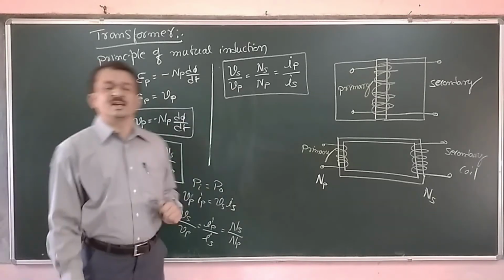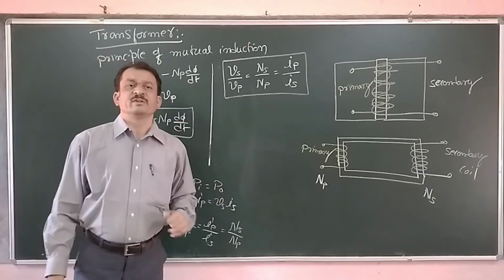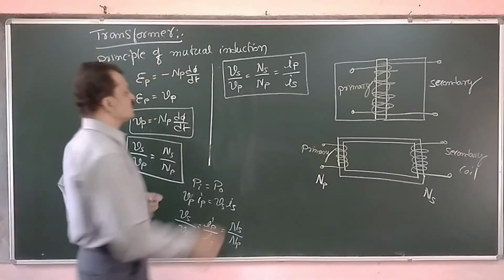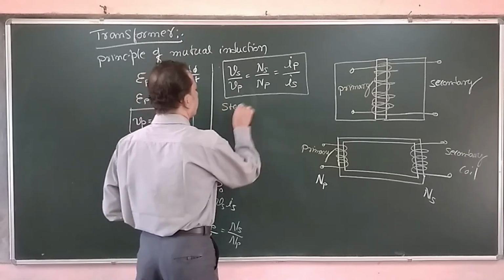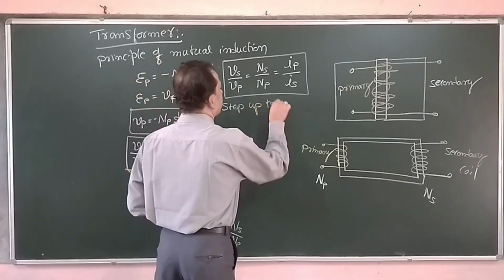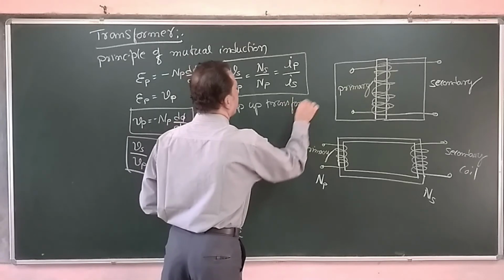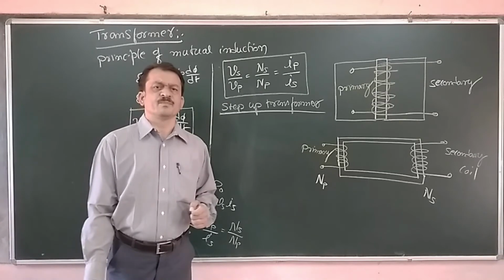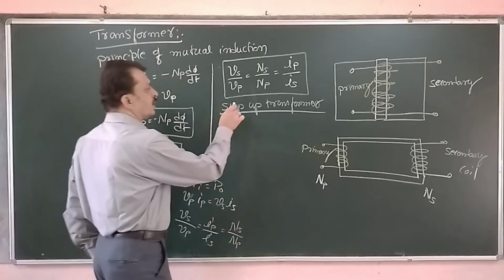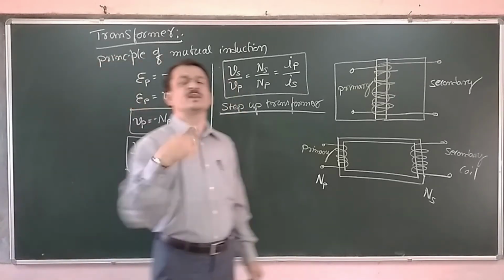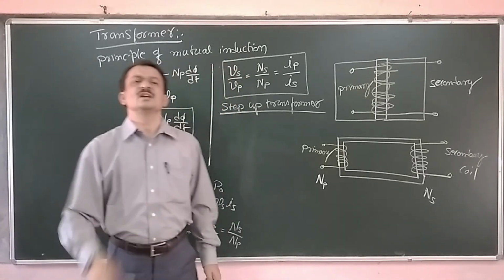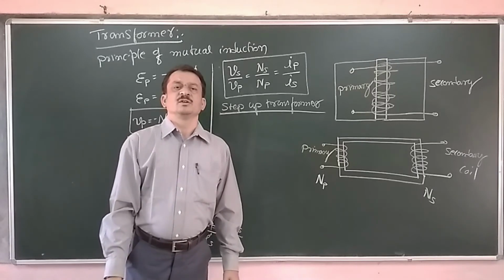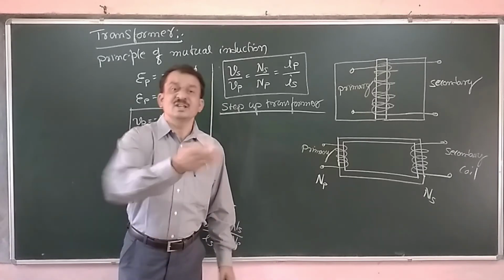Now with this equation, we can classify transformers into two types. One is the step up transformer. Step up means if the secondary voltage is more than the primary voltage, that is output voltage is more than the input voltage, the transformer is going to increase the voltage.